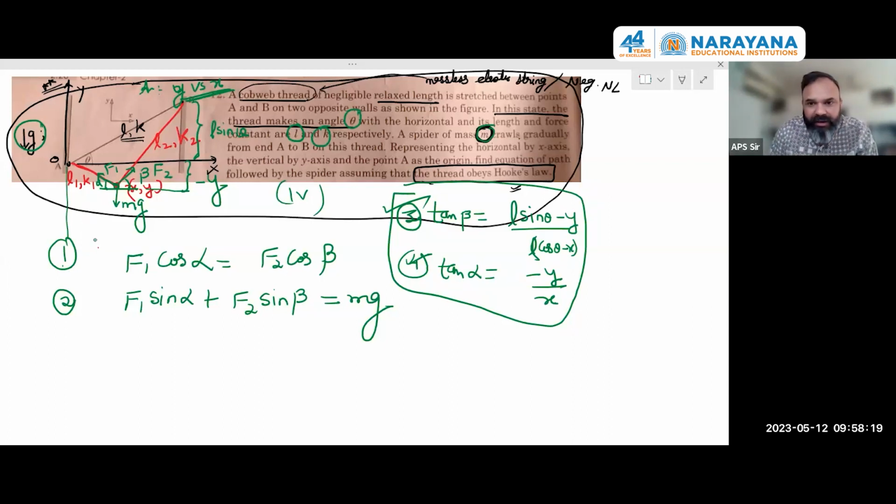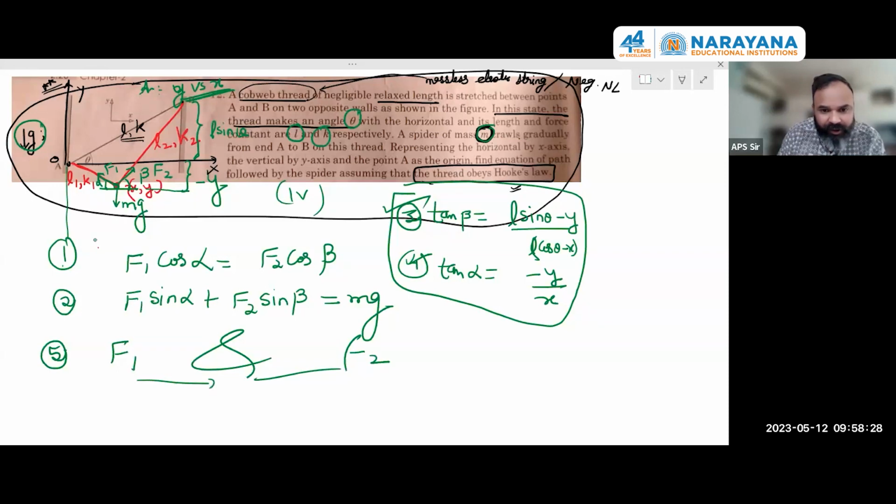So alpha and beta are eliminated. Now the crux: how will you write F1 and F2? If somebody can write F1 and F2 properly, he is done with the problem.